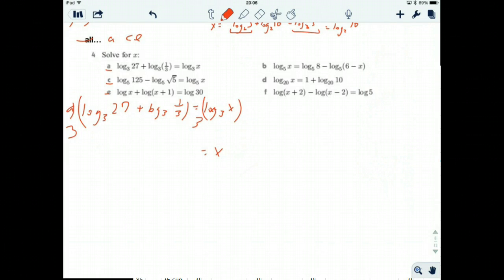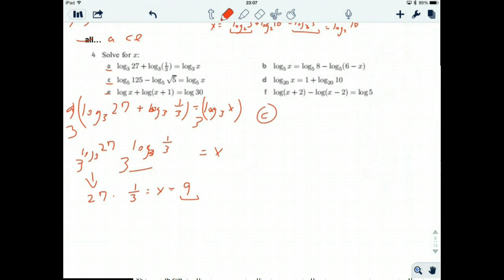So 3 to the log base 3 of x gives you x. 3 to the log base 3 of 27 plus etc. is going to give you 3 to the log base 3 of 27 times 3 to the log base 3 of 1/3. And then this is just 27 times, and then this is just 1/3. And that is just equal to 9.